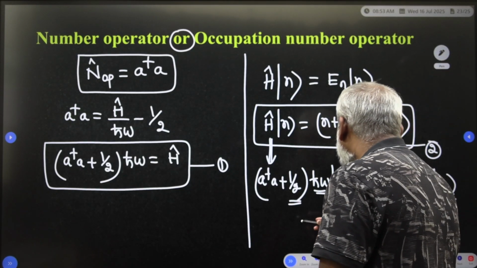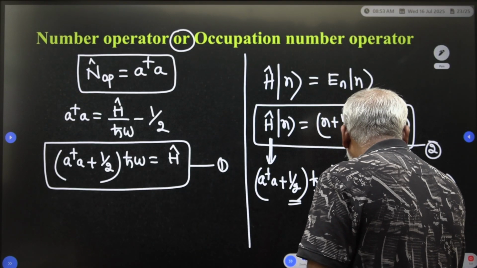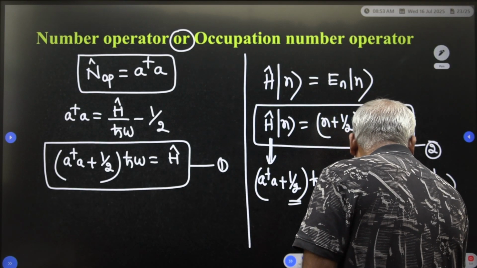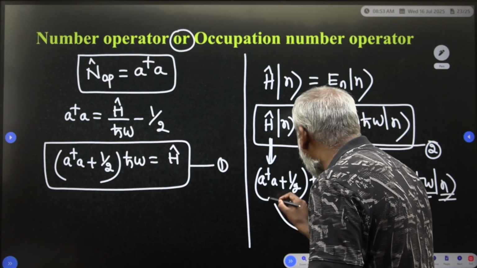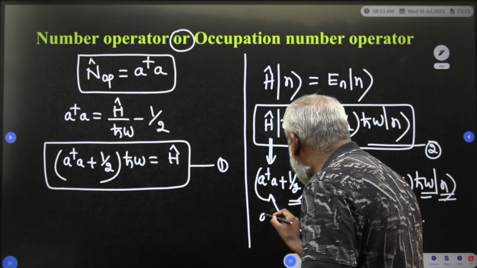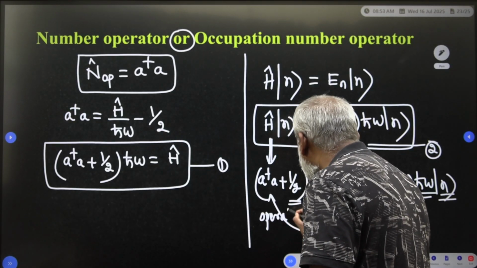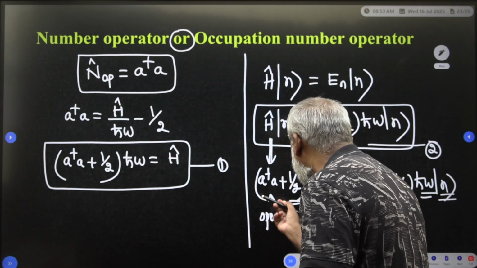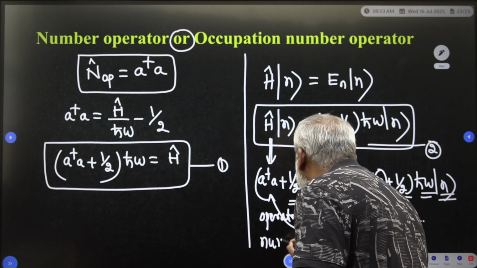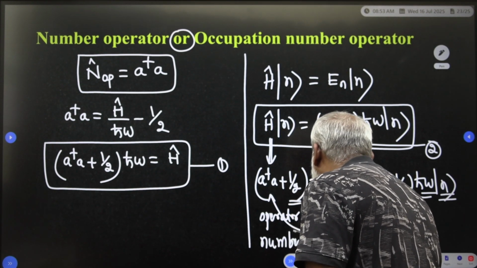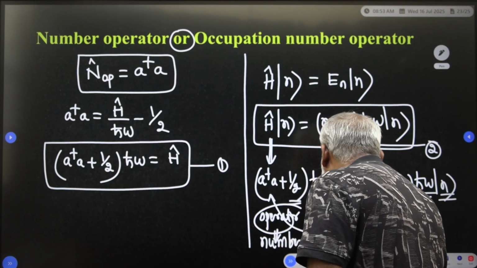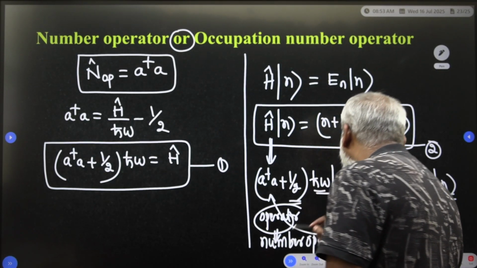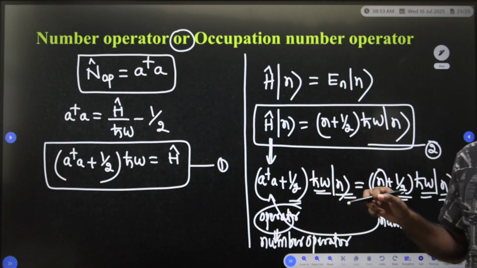So therefore, what is n? n is a number. So instead of the number, one operator is there. This operator we call a number operator, or an occupation operator.